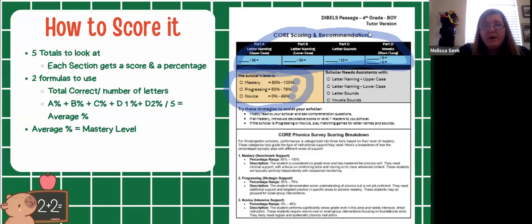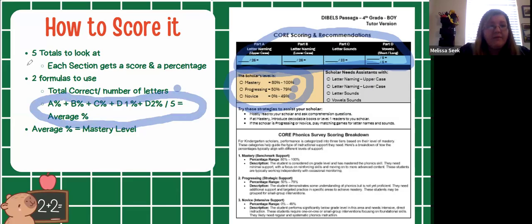So the two formulas you have to look at are, of course, that first one up here, the total correct divided by the number of letters. That gives you their first percentage. And then this part right here, this longer math that I'm so sorry for, is where you have to average out their percentages. And that average is actually what's going to decide their level for this section right here.